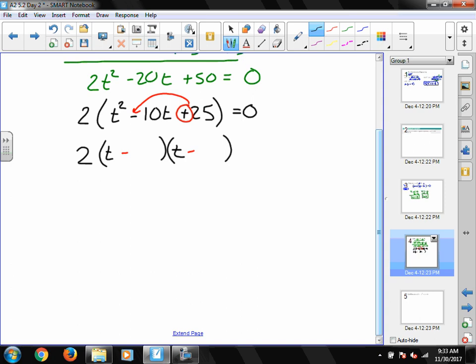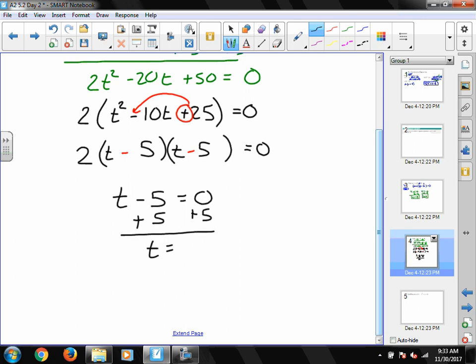Since they're both the same, 5 and 5 multiply to 25 and add to 10. Normally we'd set each of these equal to 0, but since they're the same thing, I can just set one of them equal to 0 and solve. Add 5 to both sides. t is going to be equal to 5.